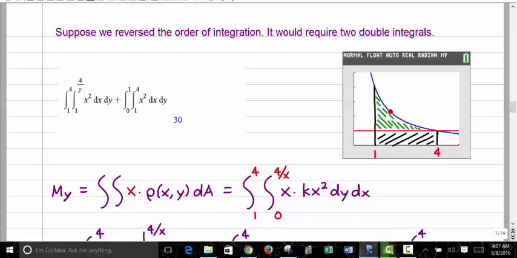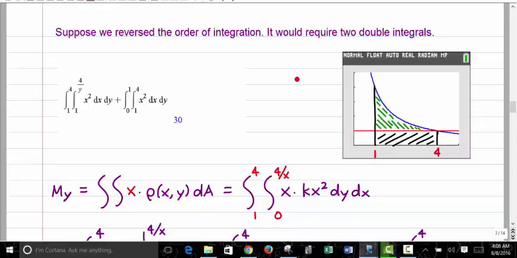Left to right, you're going from 1 to 4 over y, because if y equals 4 over x, x would equal 4 over y. And then 1 to 4 again numerically. Upper this time though, not left to right, upper: 1 and then 4 right there. This time it's scaled by 1s instead of 2s. So it worked out to be 30. Okay, so that's just practice on reversing the order.